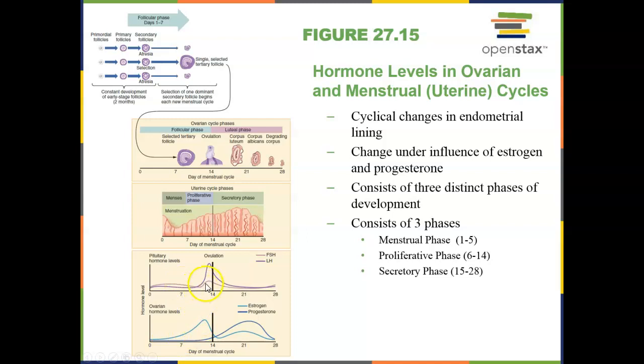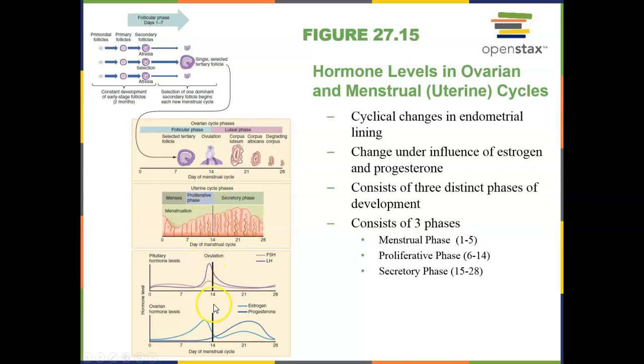So here we have a small spike in follicle stimulating hormone, but a pretty high spike in luteinizing hormone, which is similar to the spike in estrogen here. All of this occurs right before ovulation, or at the end of that proliferative phase, okay?